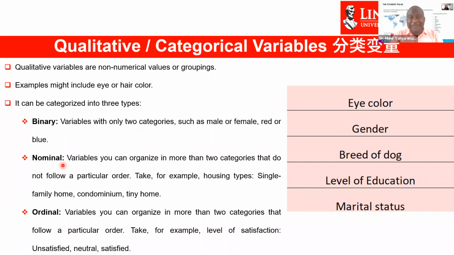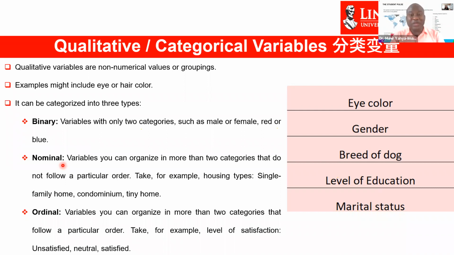Ordinal variables are variables you can organize in more than two categories that follow a particular order. Nominal are those variables that can be organized in more than two categories, but do not follow a particular order. But ordinal variables can be organized in more than two categories and follow a particular order. That's the difference between nominal and ordinal.